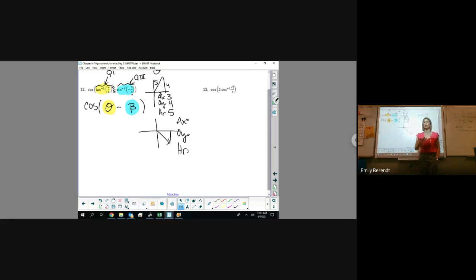So we know the ratio for sine is what over what? Like tangent was opposite over adjacent, sine is opposite over hypotenuse. The hypotenuse always has to be what? Positive. So the hypotenuse has to be what? 5. That means the negative in the fraction actually belongs to the 3, which is the what?